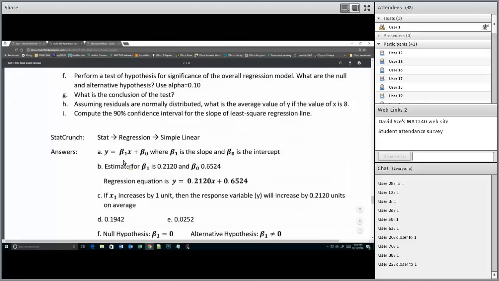Recall it's y equals beta 1x plus beta naught, where beta 1 is the slope, beta naught is the intercept. The way you remember this is beta 1 always is next to x, so it is the slope. Anything that's next to x is a slope. And then this is the y-intercept. That's your general form of the regression equation. And we're going to estimate beta 1 and beta 0.